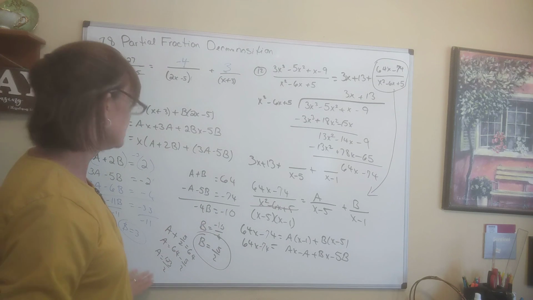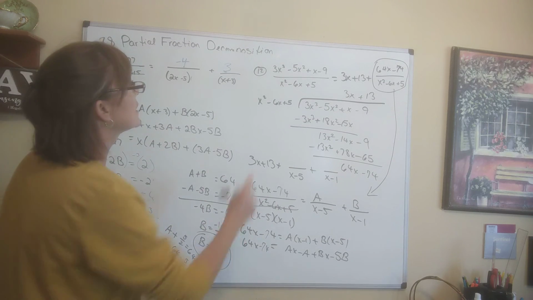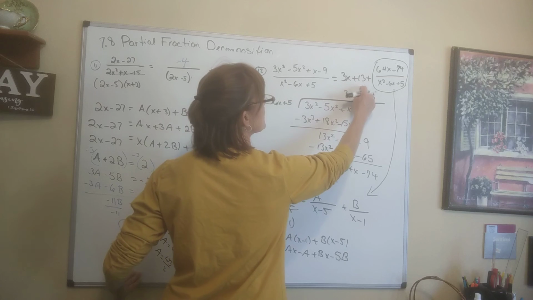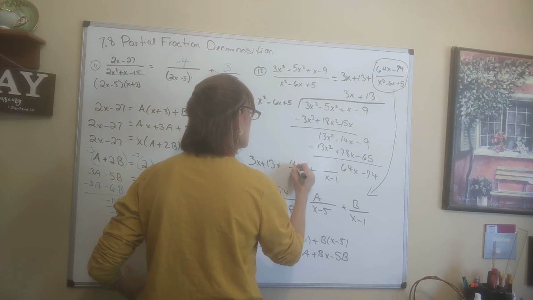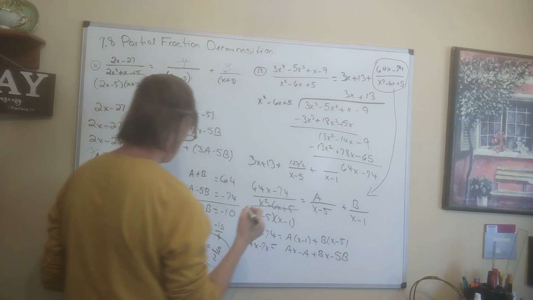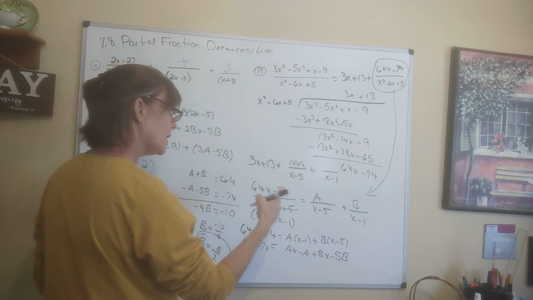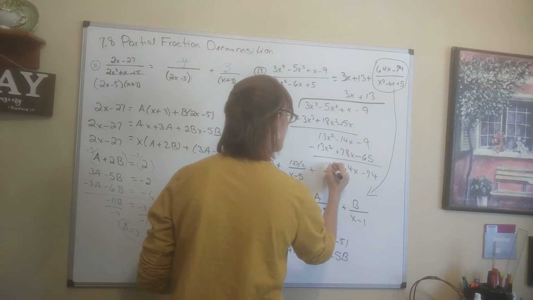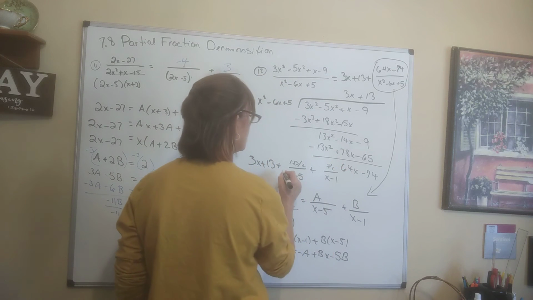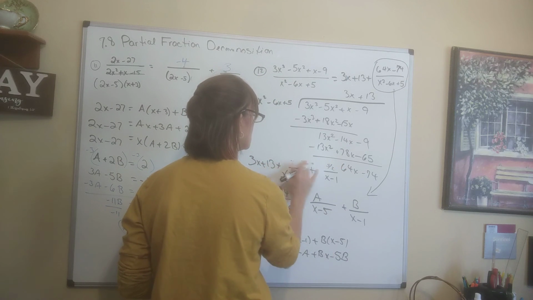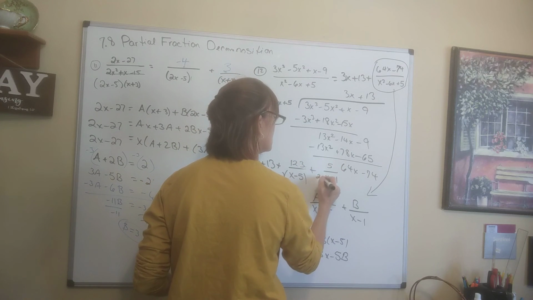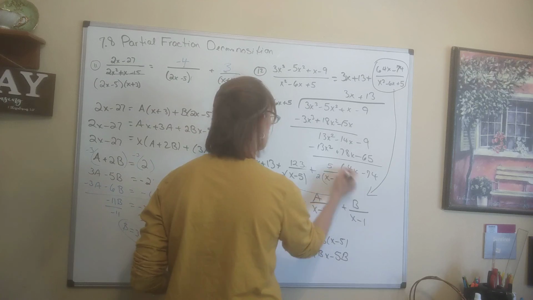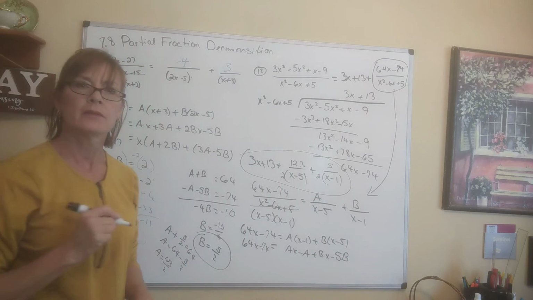Partial fraction decomposition is going to be 3x plus 13 plus 123 over 2 over x minus 5 plus b over x minus 1, 5 halves. Again, if you want to put the 2 down here, you can. And that is the final answer for number 12. Okay, that's it.